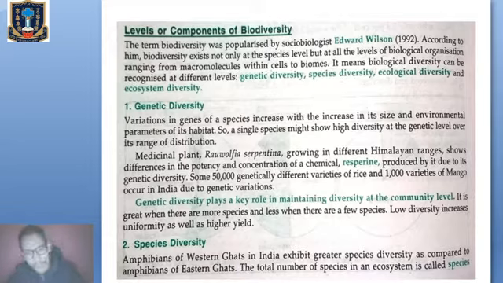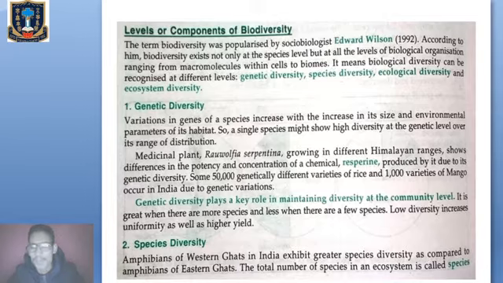Okay, so it says that a single species might show high diversity at the genetic level over its range of distribution. So a single species might show a huge diversity in terms of genetic composition. Clear? For example, we have a medicinal plant called Rauwolfia, which is found in different Himalayan ranges.